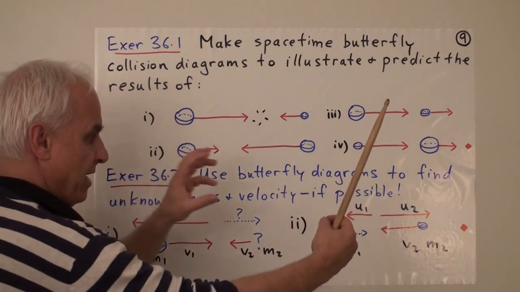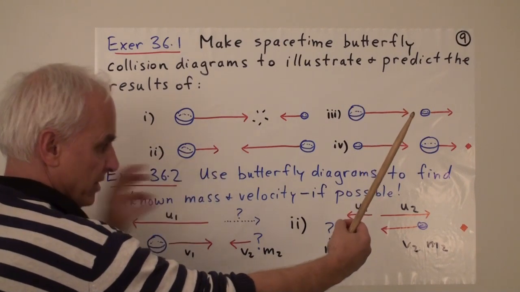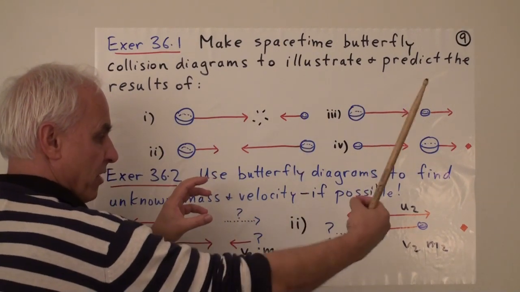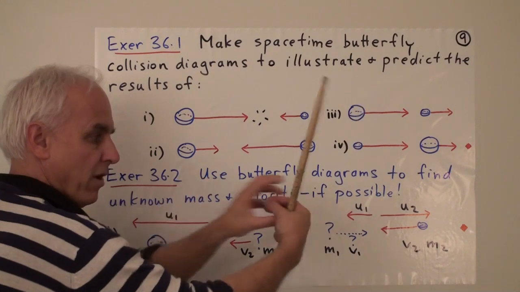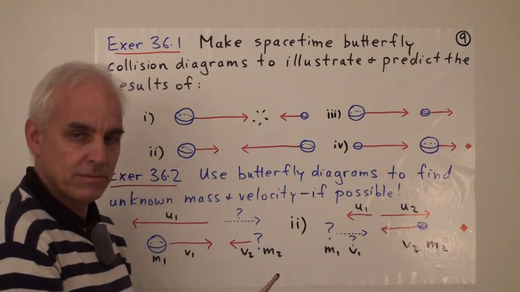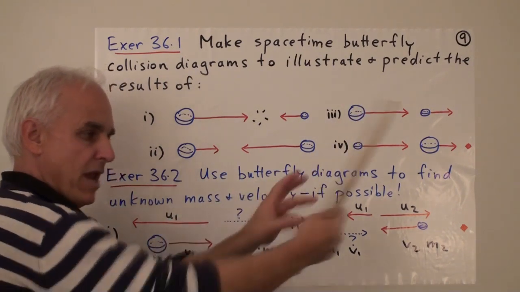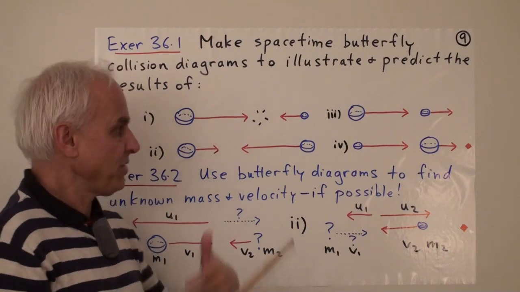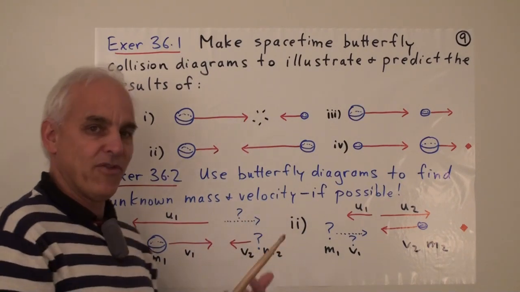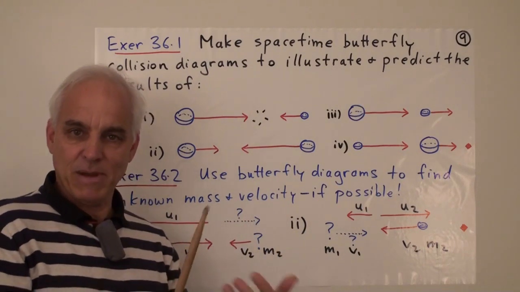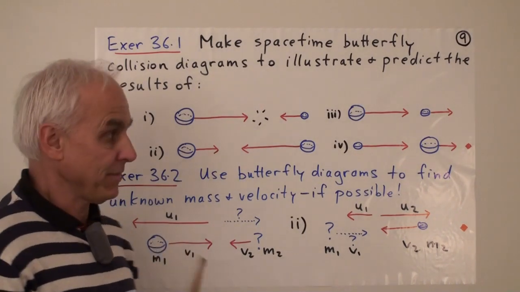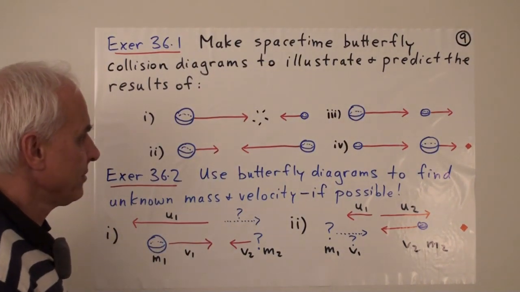So we have a big, heavy particle going relatively fast and a smaller, lighter particle going much slower, and then they bump together. Okay? We want to know what happens. And I want you to actually draw this out on a space-time butterfly diagram and work out what happens.